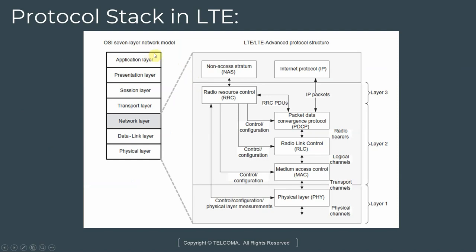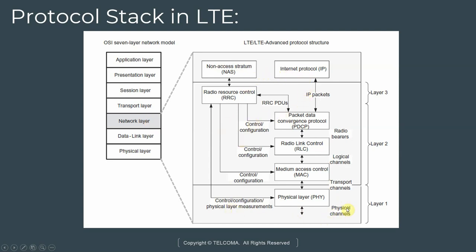So on this slide, what we have shown is the OSI 7-layer network model here, which is probably familiar to you. You have the physical layer, data link, network, transport, session, presentation, and application. And what this picture shows you is how the first 3 layers are mapped to the LTE protocol.